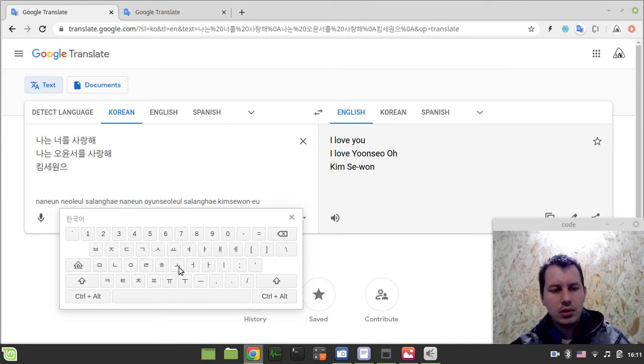This is the same particle as nun, with the same meaning, a subject marking particle, but it sounds a little bit different, because we have an n at the end of this word, we need to use this. It sounds like Kimsevonen. However, this is how it's typed. So Kimsevonen and oyunso.